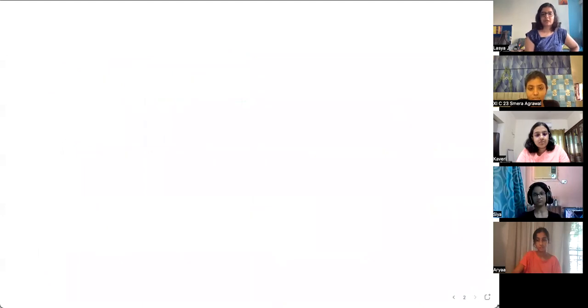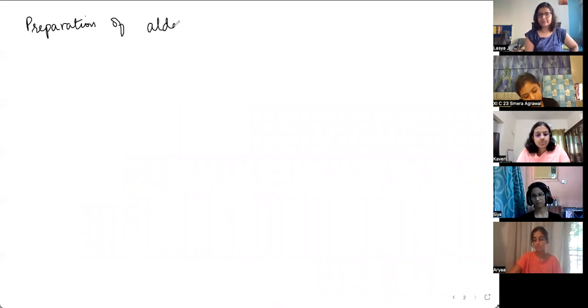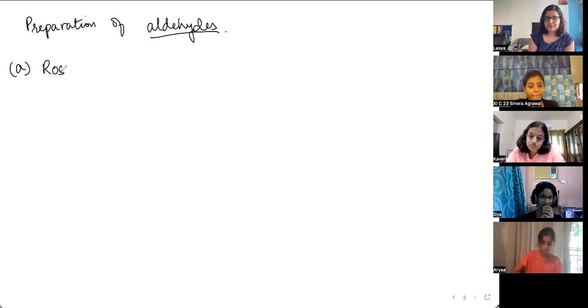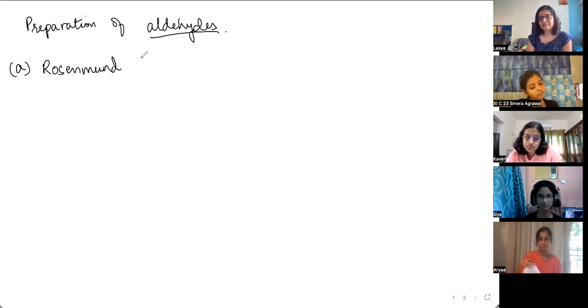Okay, so we're looking at preparation of aldehydes. The first reaction in this section is called Rosenmund reduction. This chapter has a lot of named reactions.